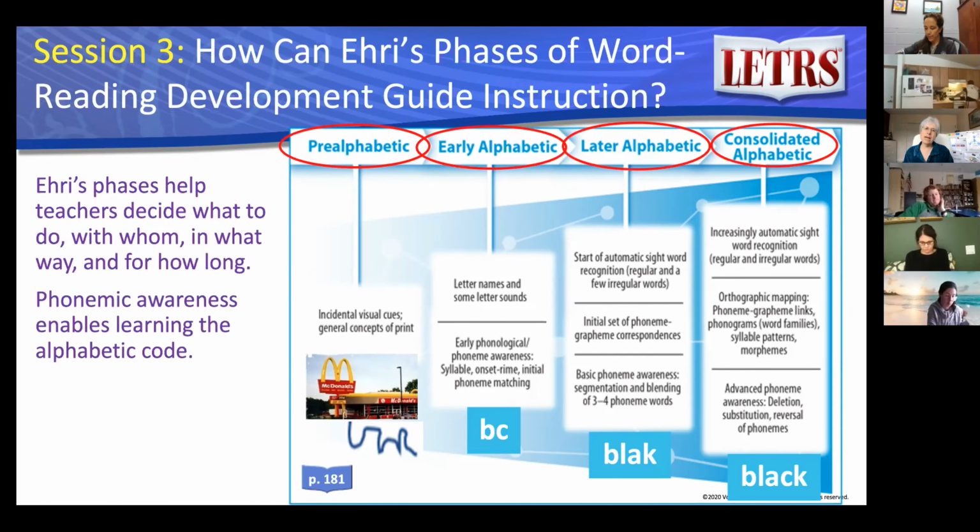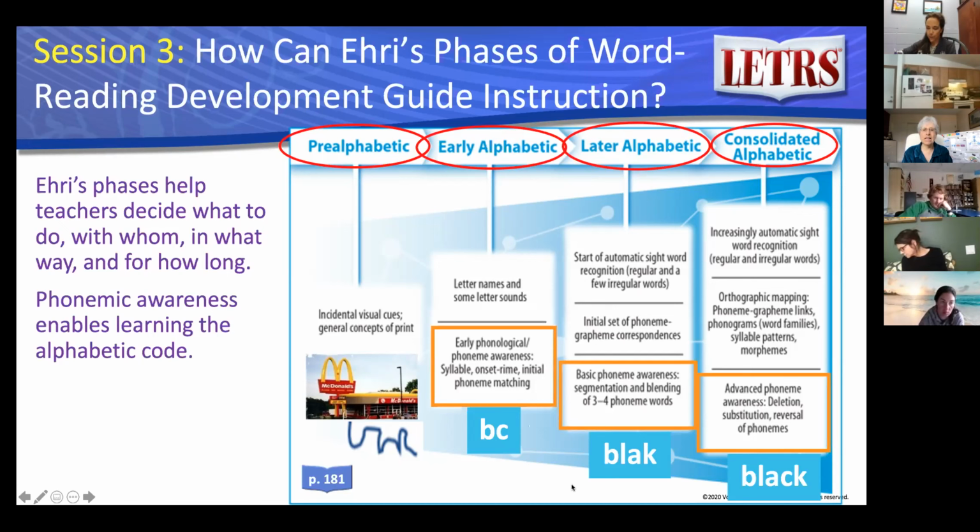So then let me unpack a little bit further, as we spoke about in Unit 2 in our readings, that phonemic awareness is what enables learning the alphabetic code. So if I then look at the bottom of each of the 3 columns, early, late, and consolidated, what I'm observing is, again, where are my students?